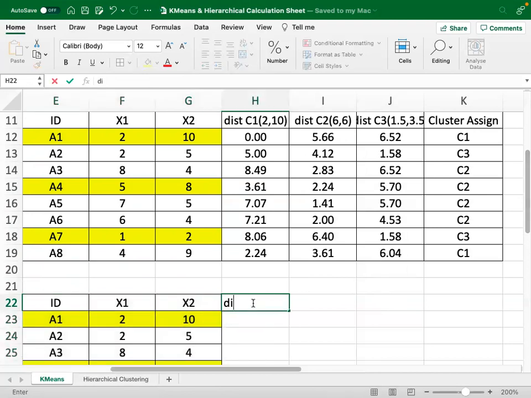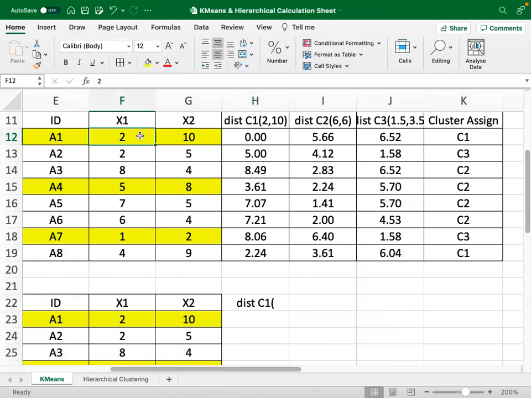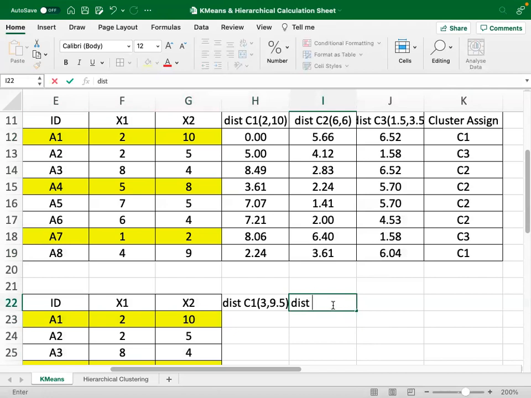Now, dist C1, you have to calculate. There are two. 2 is there, Control, and this. The average is 3, comma, 10 and 9. The average is 9.5. C1 is 9.5. Dist C2.